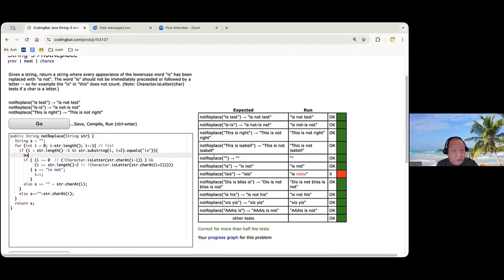Okay, let's do it easily. So let's do Boolean leftNot. Left side is not a letter equals I equals 0.